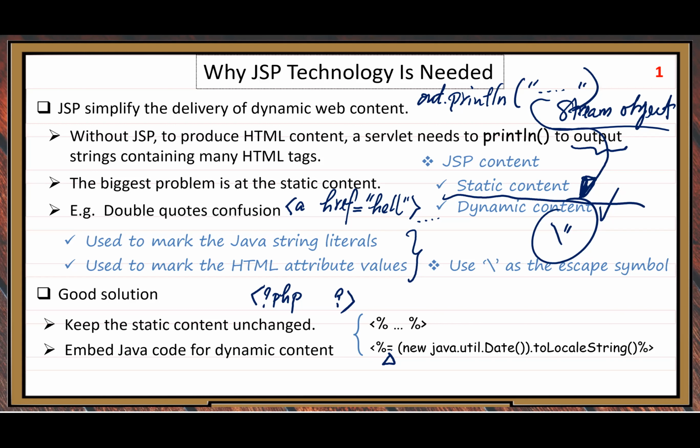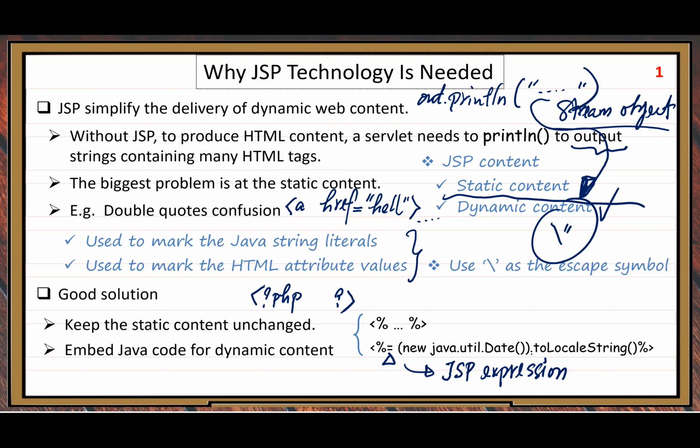The meaning is different. Because if you see the equal sign, that means what you see is a JSP expression.